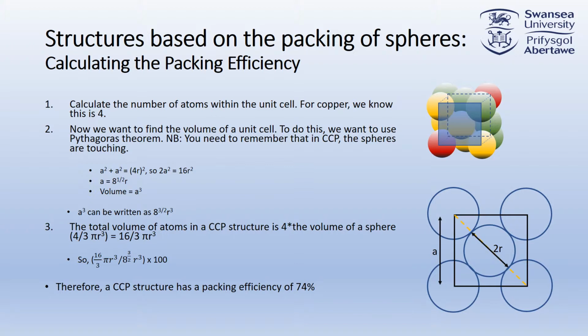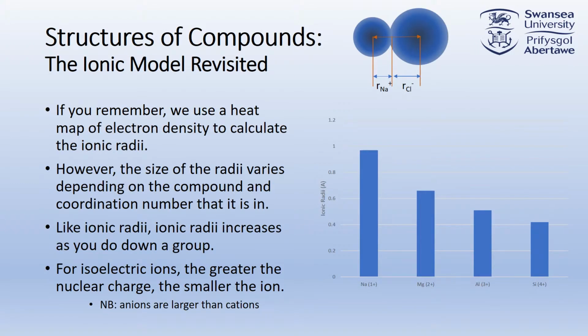And the volume of the atoms in the close cubic packing structure is of course 4 times the volume of a sphere. So we ratio those two times by 100, that gives a close cubic packing structure with a packing efficiency of 74%.